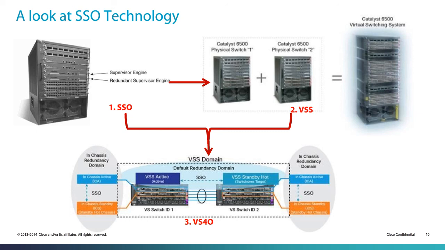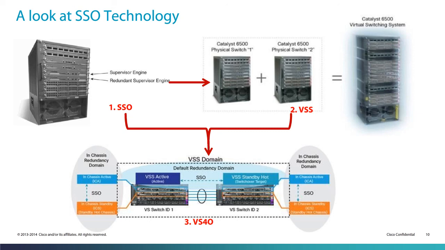The active supervisor synchronizes certain primary Cisco IOS software processes and data structures with the standby supervisor module. The active will continue to synchronize the primary information so that in the event the active supervisor should fail, the standby can assume the active role immediately. SSO technology later evolved to support the VSS, where supervisor engine redundancy is established across two chassis.